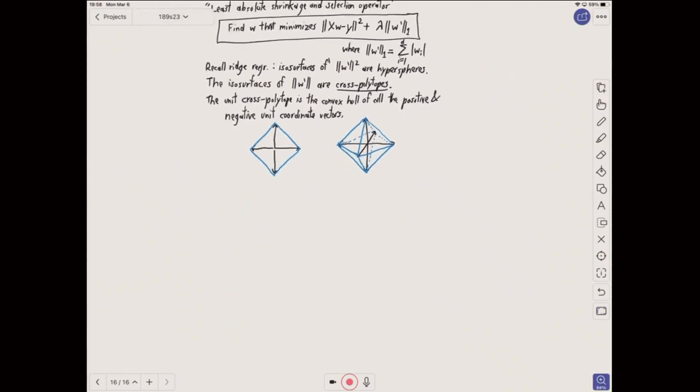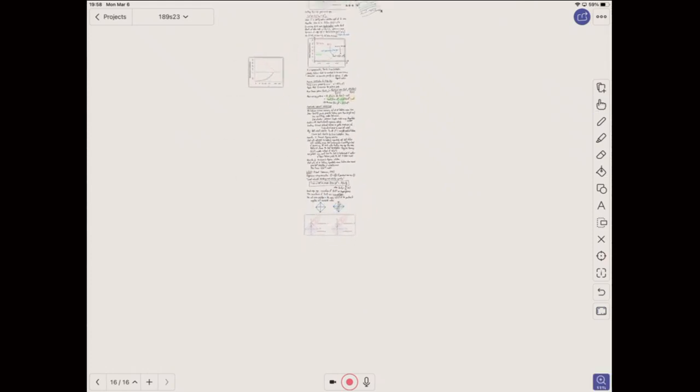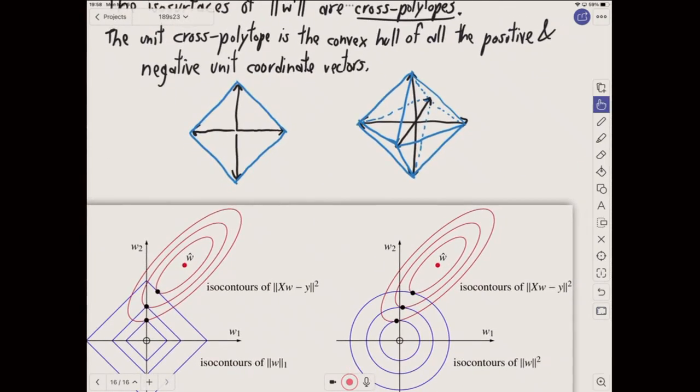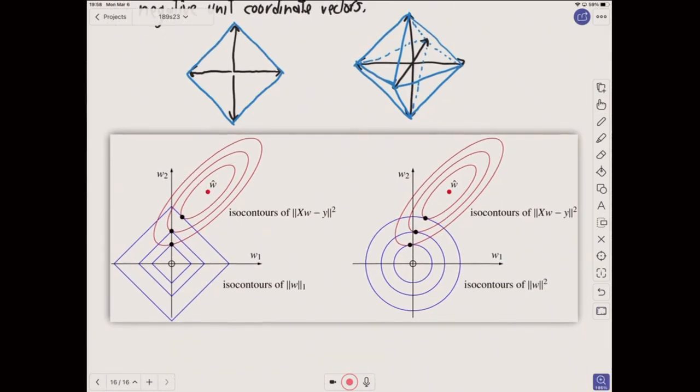So now let's revisit our intuition for ridge regression, only this time we're going to use the L1 norm instead of the L2 norm. What happens? Well, on the right is ridge regression, just to remind you what I already showed you. On the left is lasso.